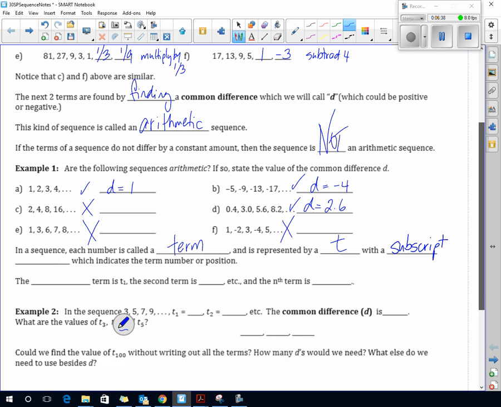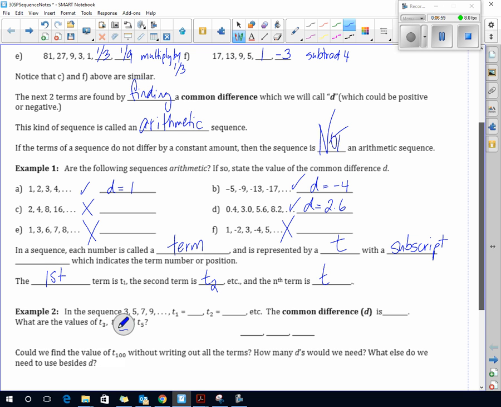The second term would be called T subscript 2. And the nth term would be T subscript n. Does everybody understand how to indicate term numbers? N is any number.